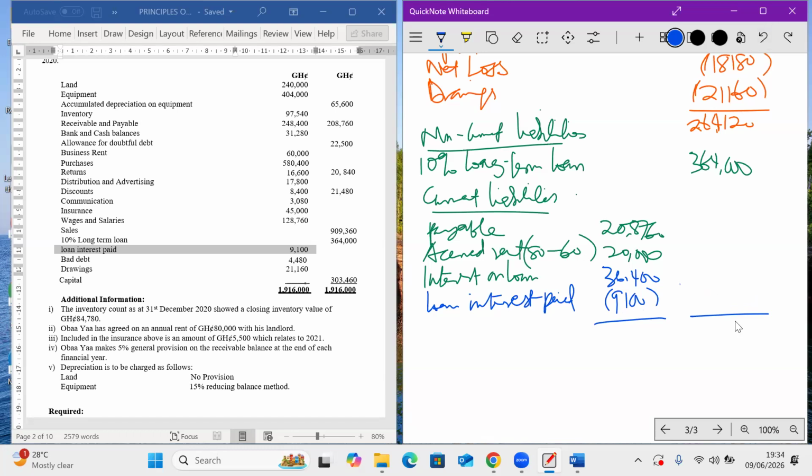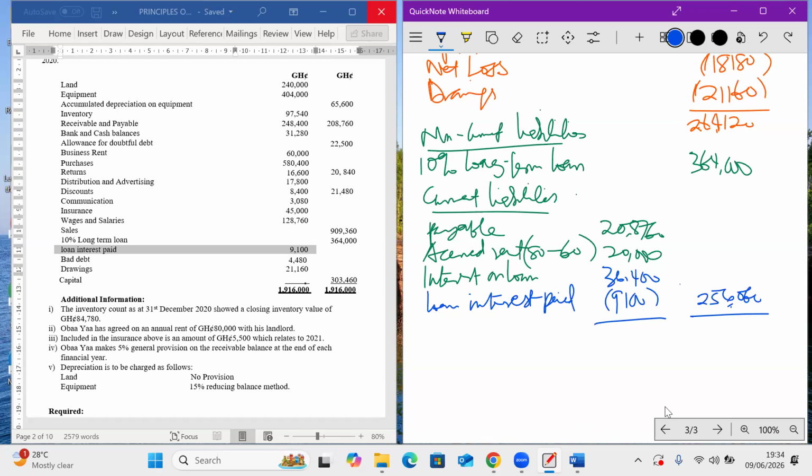It's 256,060. Who got this? Confirm this. Please confirm. You're almost done. Confirm the total of the current liabilities.